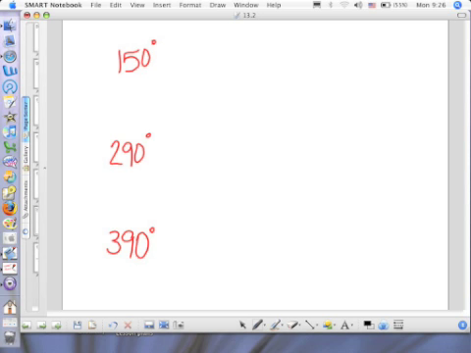Convert the degrees to radians. And the process is going to be the same for all 3 of them. You're going to write the unit multiplier the same exact way for all 3 of them.